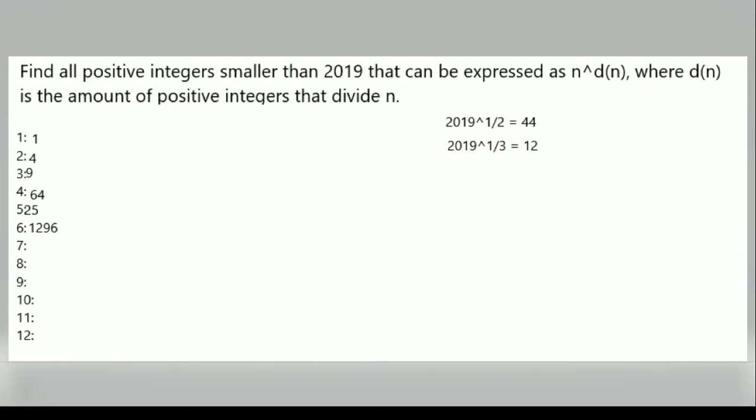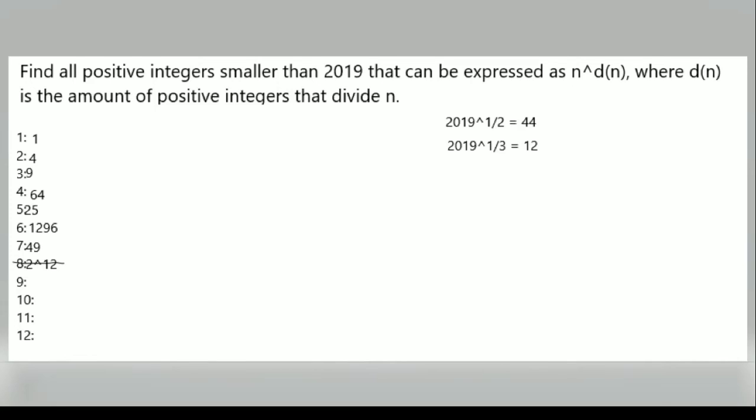And with 7, 7 is also a prime number, so it's 7 squared, 49. 8 is 2 to the third power, so it has 4 divisors, which means it's 8 to the power of 4, which is equal to 2 to the power of 12. But that is actually greater than 2019, so we're just going to cross it off.